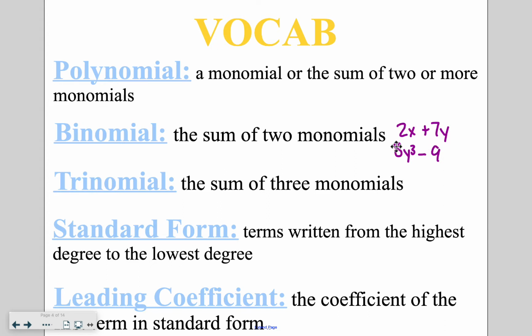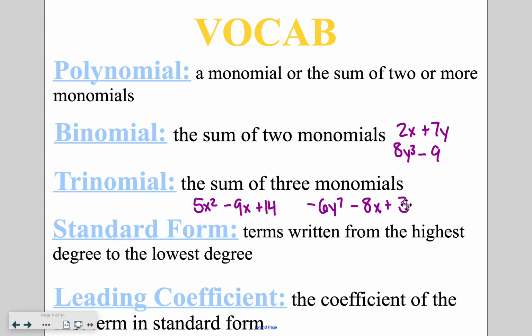There's 2 parts to the problem. A trinomial then is when there is 3 parts. So for example, 5x squared minus 9x plus 14, or something like negative 6y to the 7th minus 8x plus 3 could also be a trinomial. So there's 3 different pieces.